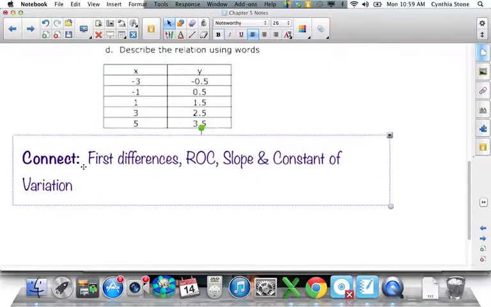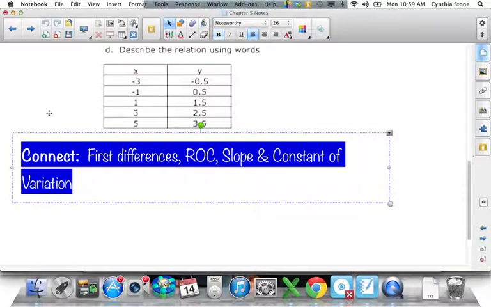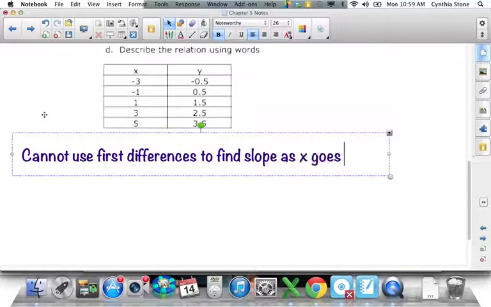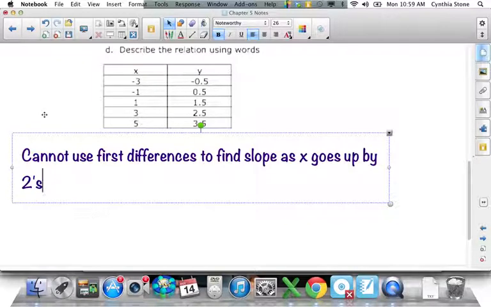So I'm going to write that down here. I want to make a very big point. Cannot use first differences. Okay, because x goes up by 2's, I cannot use first differences.